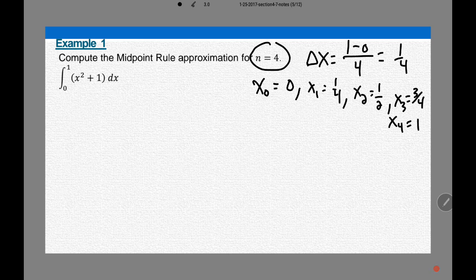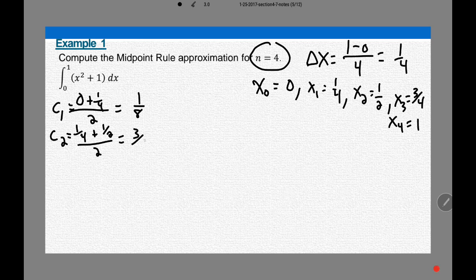And then we've got to find our c's, where we're evaluating our function, by taking the midpoint of each of these. So c1 is going to be the midpoint of 0 and 1/4, and that's just 1/8. c2 is going to be the midpoint of 1/4 and 1/2, which is just 3/8.